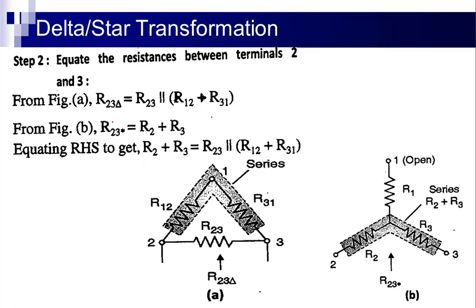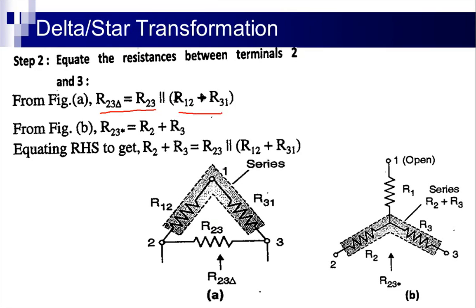in figure A, I can write down that the value of R23 delta is equal to R23 parallel to the connection of R12 plus R31. So this is the equation for delta connection.